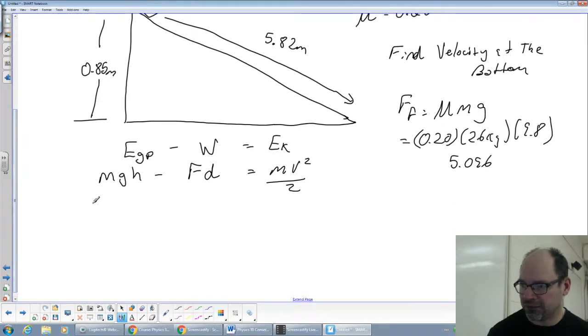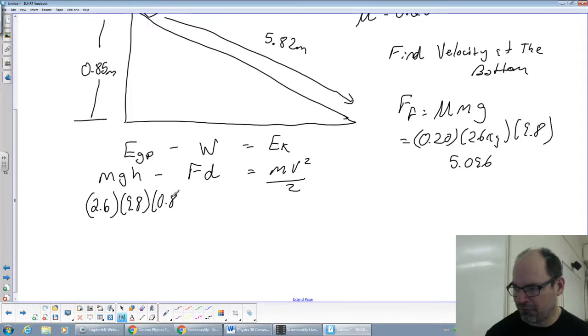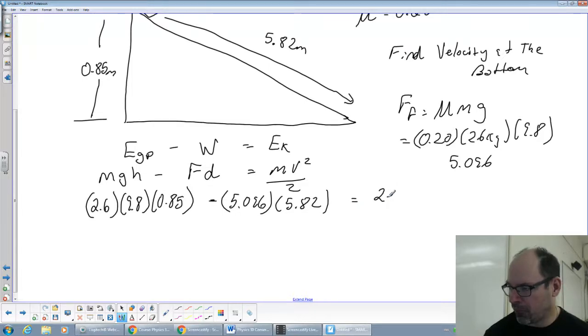Okay, so mgh is 2.6 kilograms times 9.8 times 0.85, minus this number, 5.096 times this distance, 5.82, equals 2.6 v squared over 2.